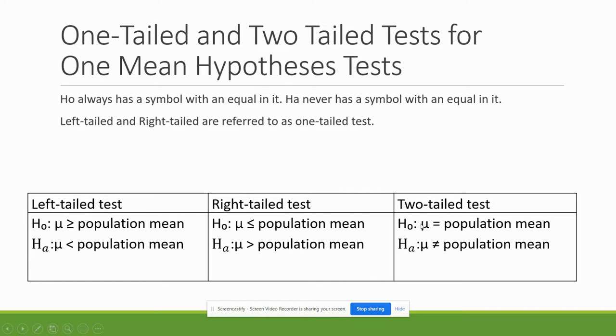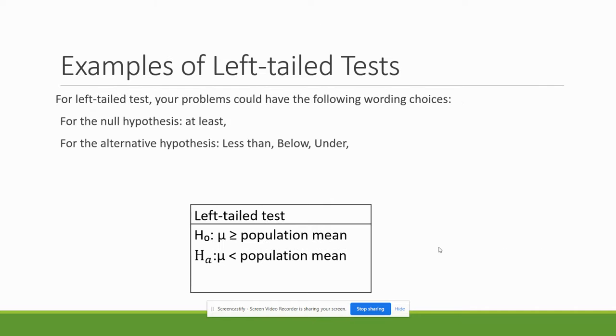Now, two-tailed is kind of different because the null for the two-tailed is the mean equals the population mean. The alternative is it doesn't equal the population mean. This not equal sign means it can be less than or greater. That's where we have two-tailed. I'm not caring if it's less than or greater. I just care there's a difference, and that's where that two-tailed comes from.